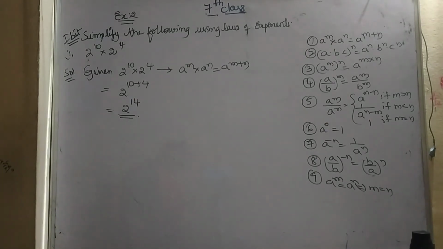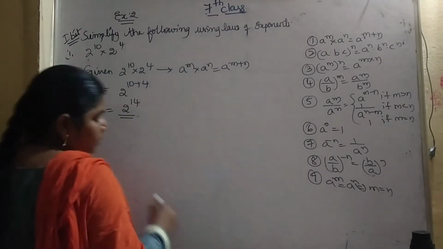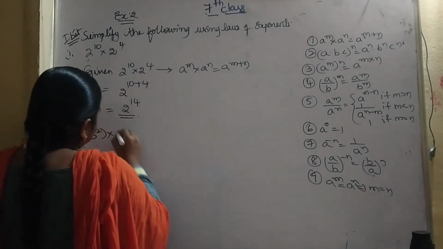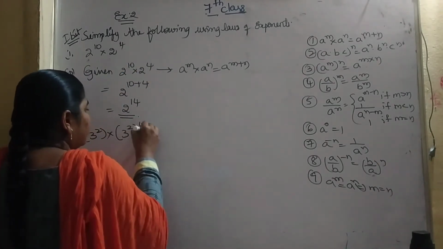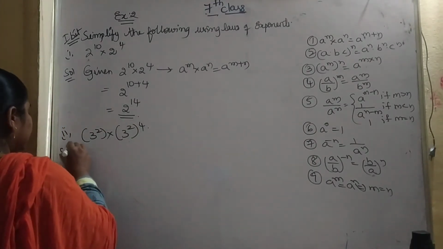Second one is 3 square into 3 square whole power 4. So here we are going to use two different formulas.